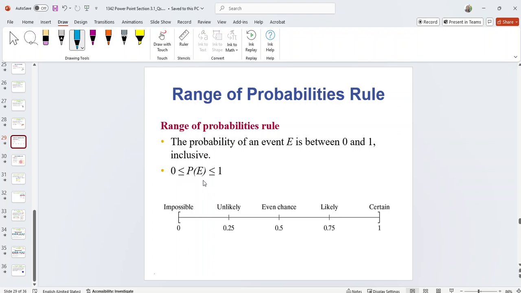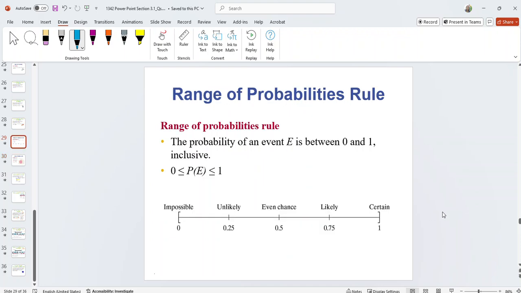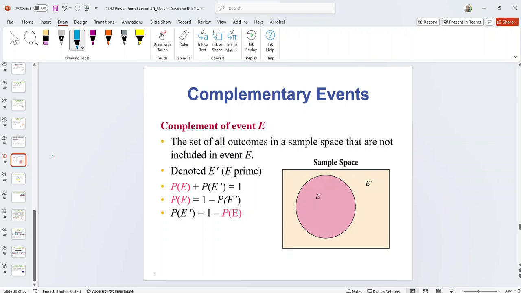Okay, now we're going to look at something called a complement event. So what is a complement event? Let's look at it this way. If I say the chance of rain tomorrow is 10%, what is the chance of no rain tomorrow, everyone?